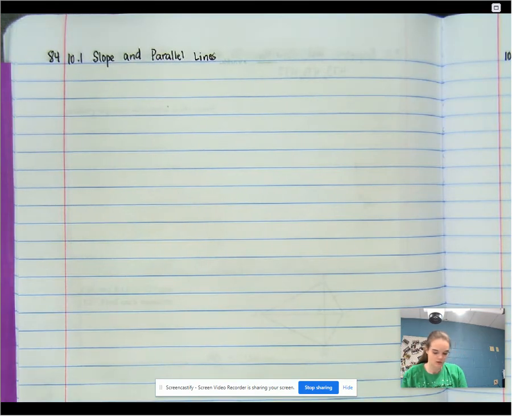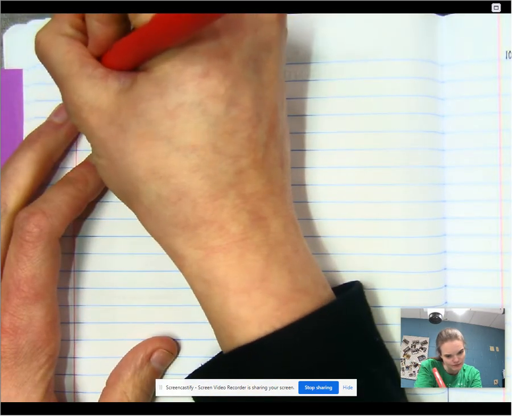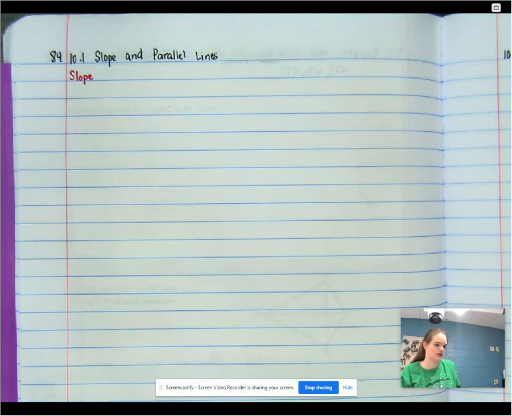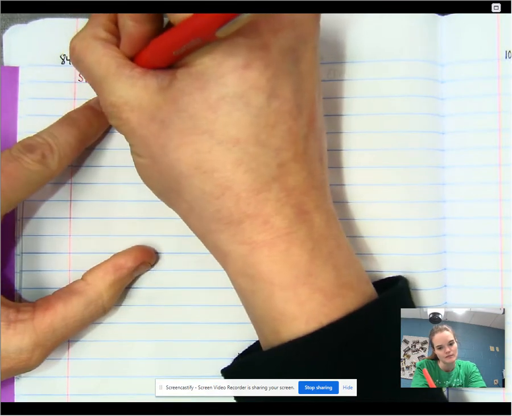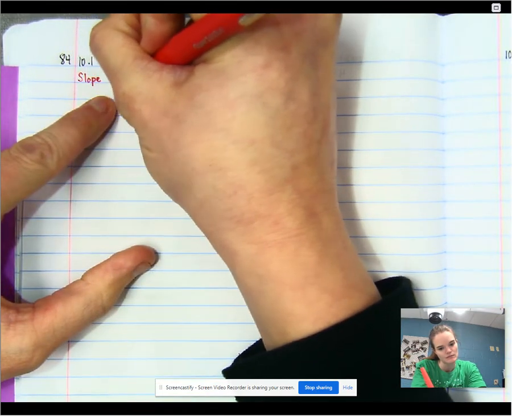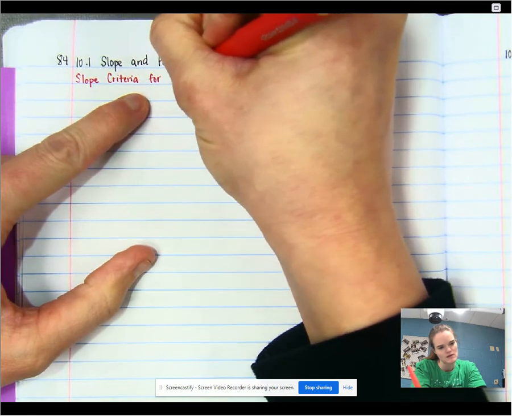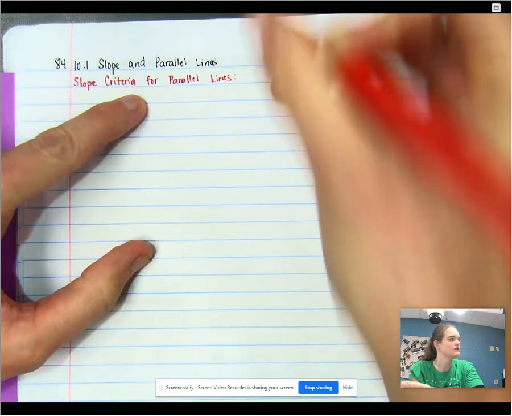So, we're going to talk about something called slope criteria for parallel lines. Which you technically already know this.